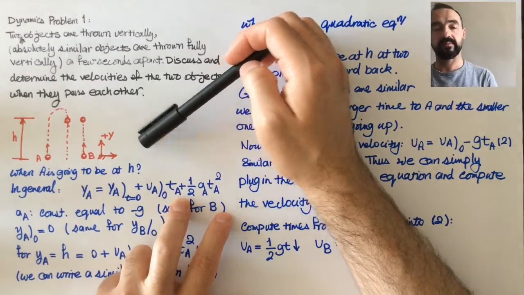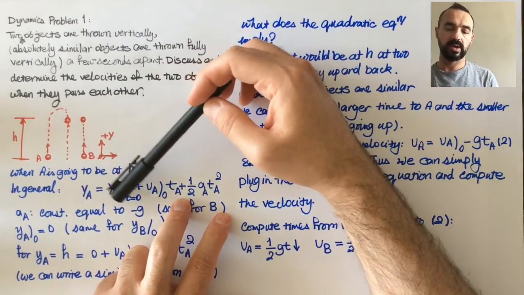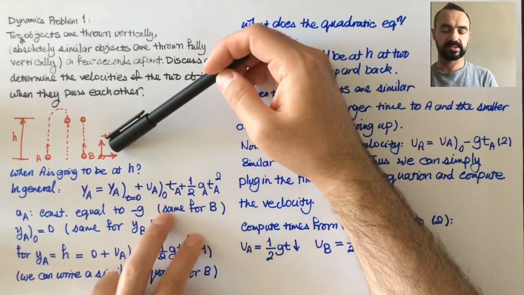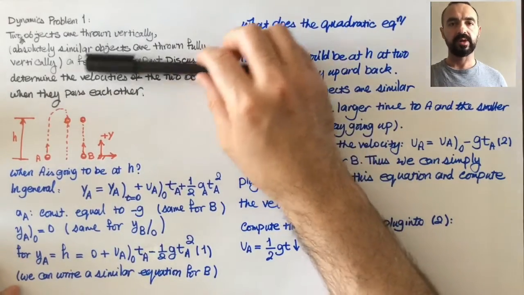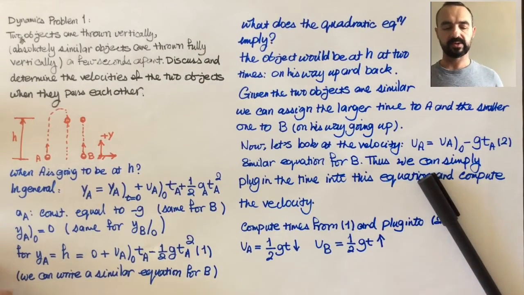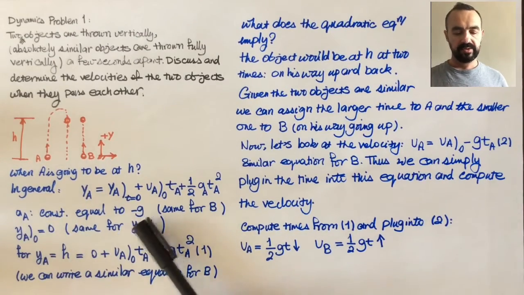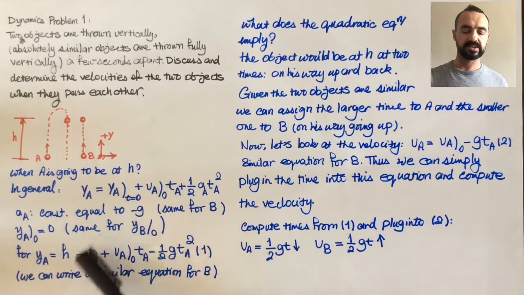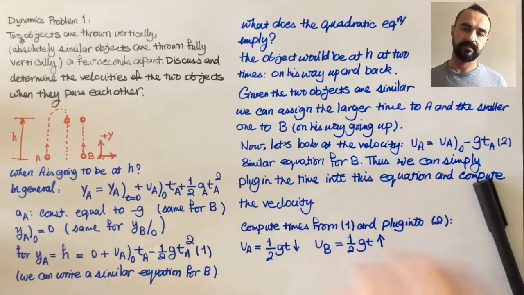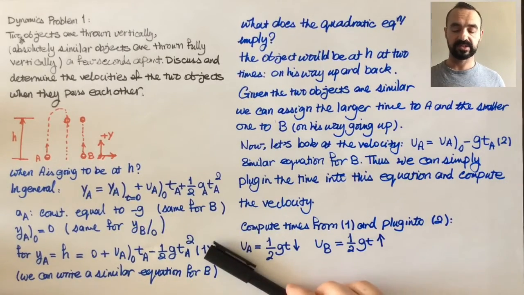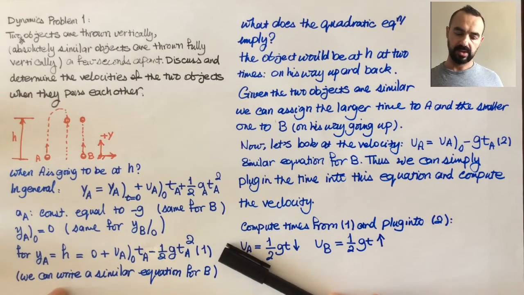And you even understand that intuitively, object A is going to be at height h at two times. You're going to see it mathematically here, because if I set my coordinate system on the ground, YA0 at time 0 is equal to 0. And this is my initial velocity, and the object only accelerates because of gravity, and gravitational acceleration points down, so the acceleration is equal to minus g, and then you set YA equal to h. Therefore, you expect this equation to give you two times, a smaller time and a larger time.